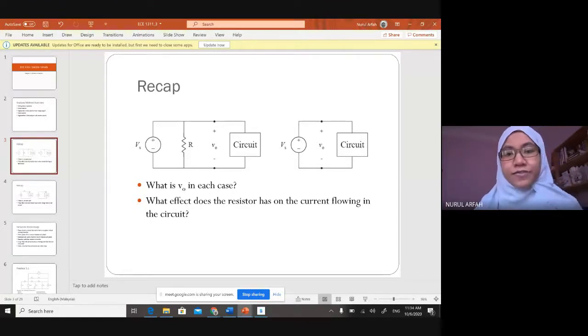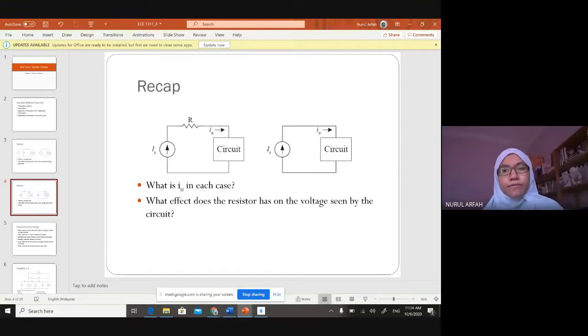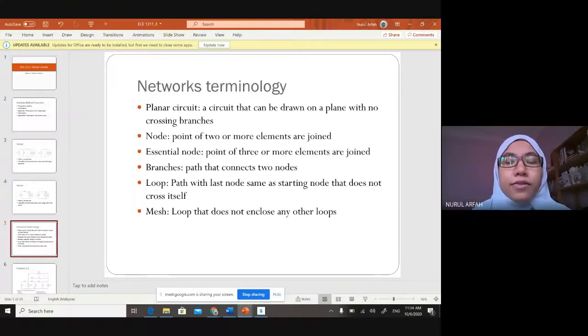Voltage. Yes, voltage. And then what if we have it in series? What type of electrical elements? Current, yes, current. So this is a basic for your nodal and also mesh analysis.